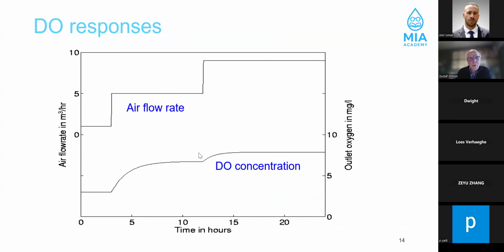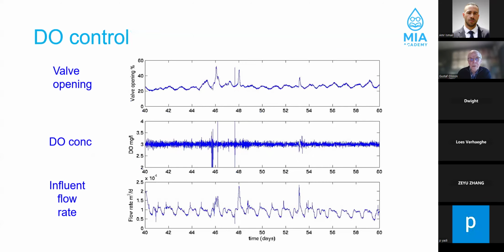And that can be shown here. If you increase the airflow rate here, then you can see the response has that size. If you increase the airflow with equal step size again, then you can see the response is much slower. And that has to be considered in the models too, and of course later on in the operation of the treatment plant that relies on this model.